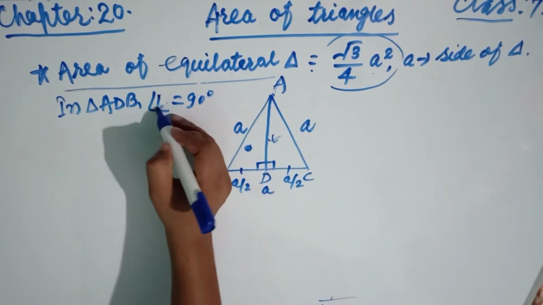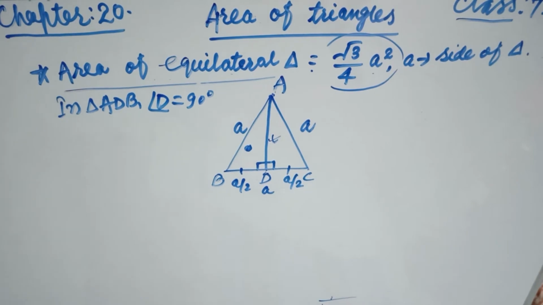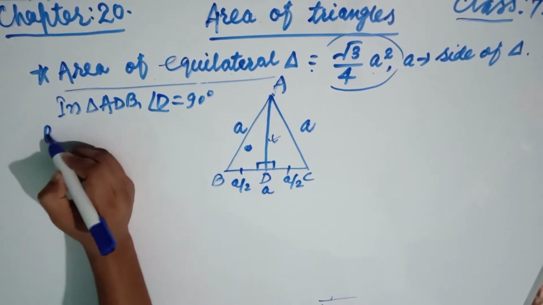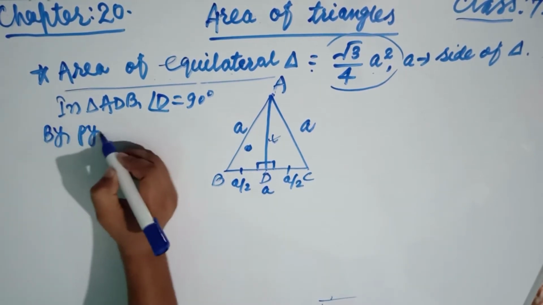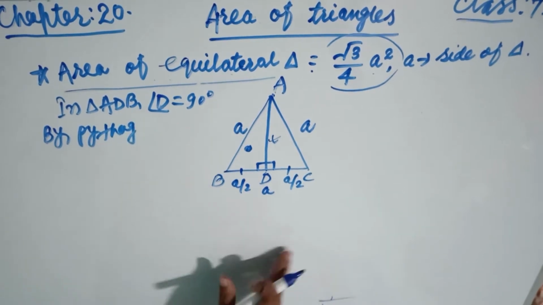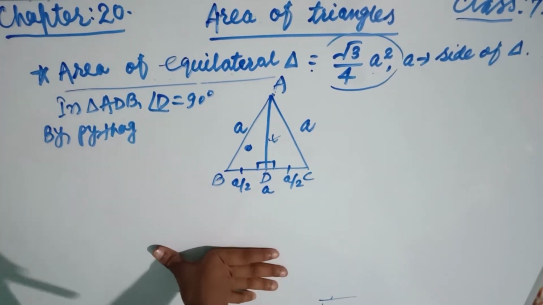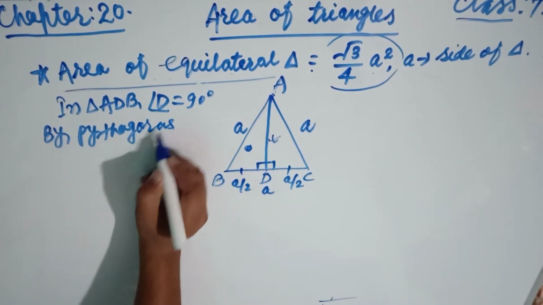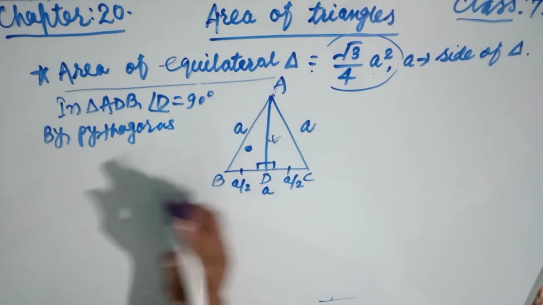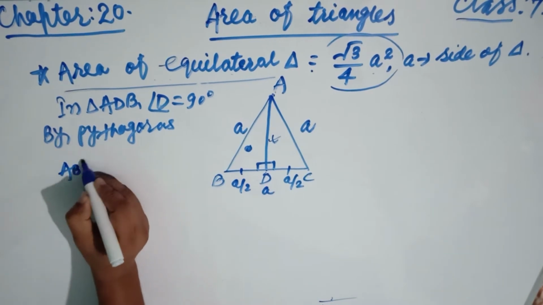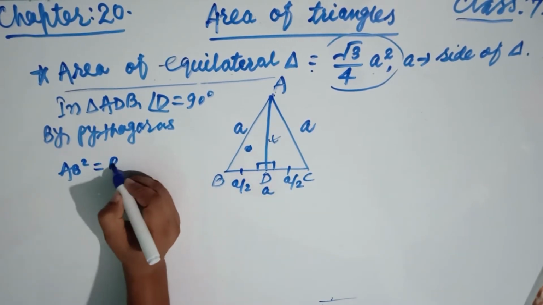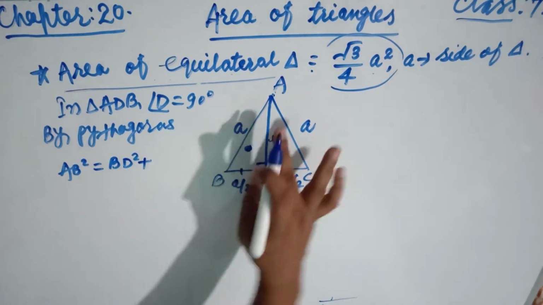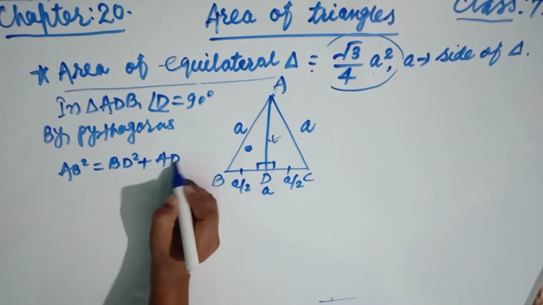Now friends, by Pythagoras theorem we can find out AB: hypotenuse square is equal to base square BD square plus altitude square, meaning AD square.